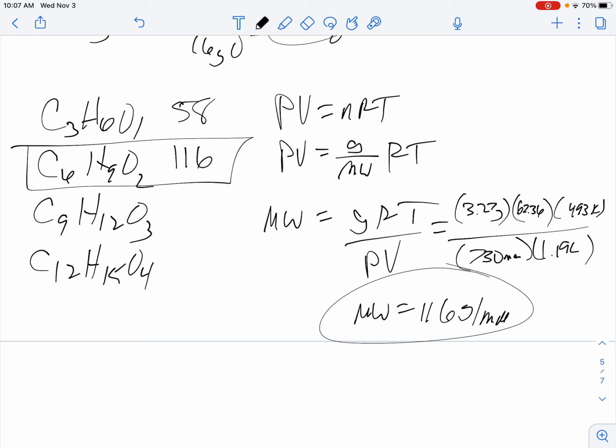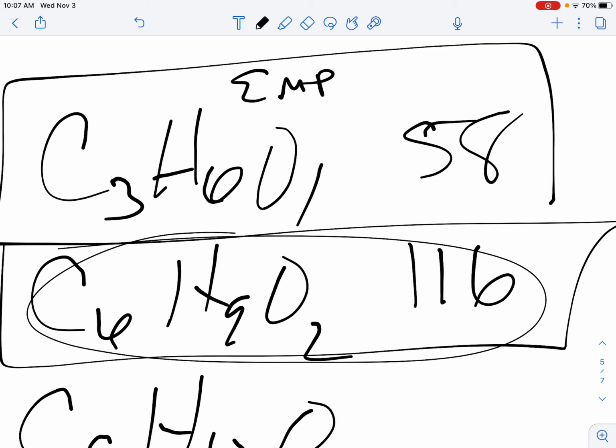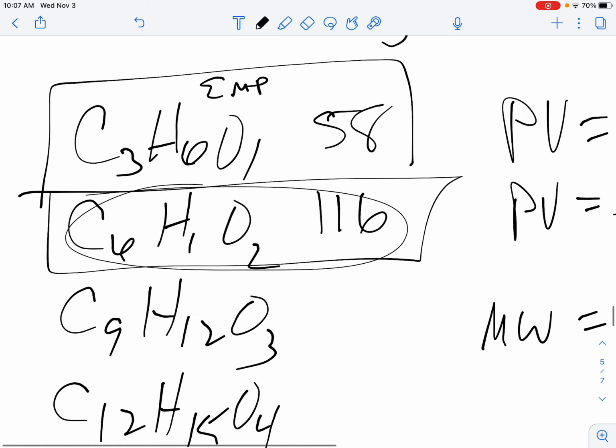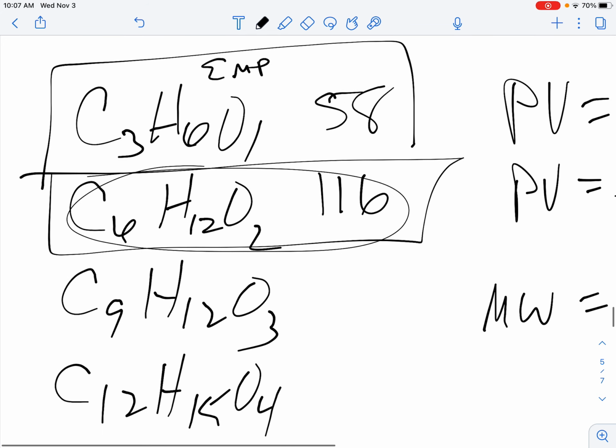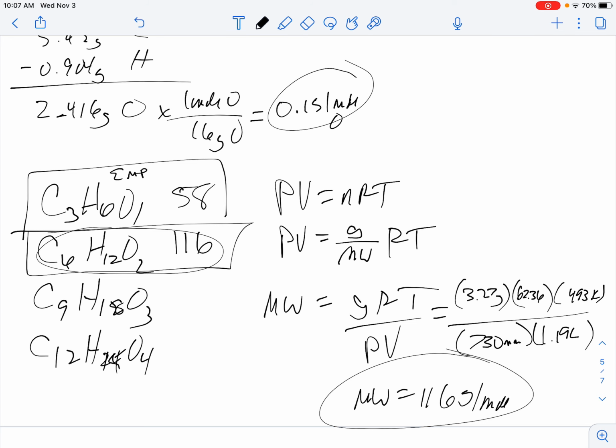So the top one here is your empirical, and then this is what it actually is, C6H12O2. I screwed all those up, I'm sorry. So this is C6H12O2. That would be 18, and that would be 24 over here. Sorry, got my multiples wrong. Math is a 4-letter word. All right, so there we go.